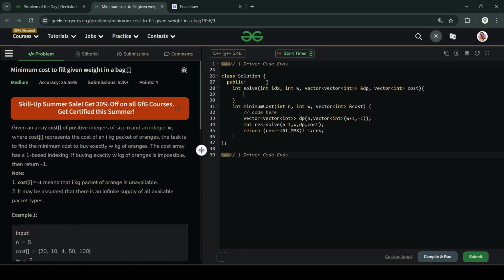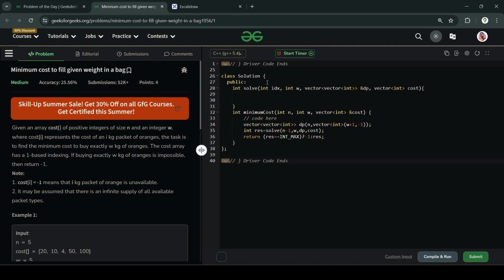Okay, so I'm not writing the base case right now. Let us clear all the things, that is take or non-take. Int non-take, it will be simple, just idx will be idx minus 1, weight will be as it is, and dp and cost.